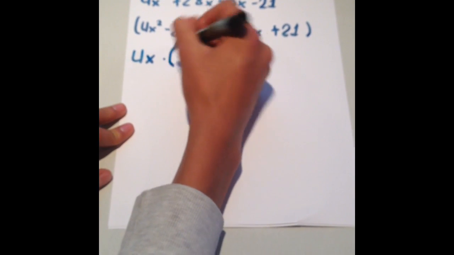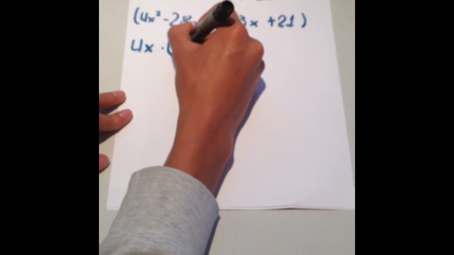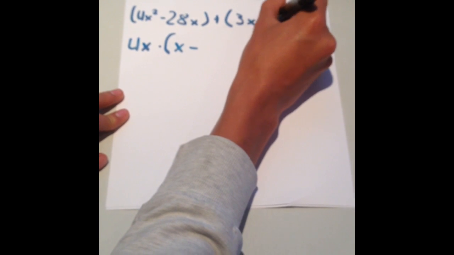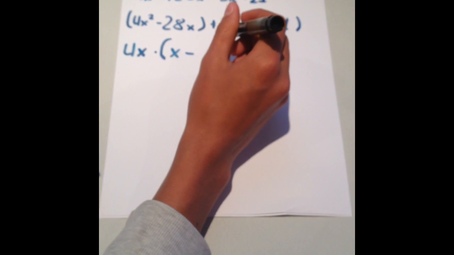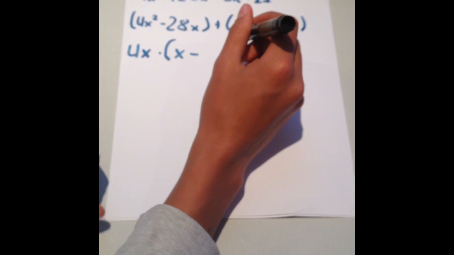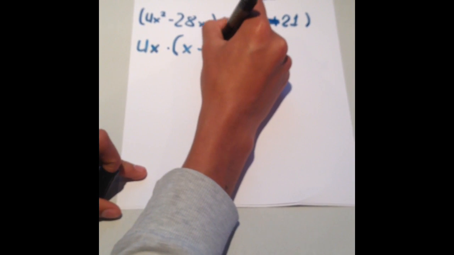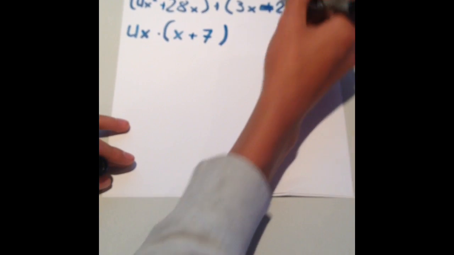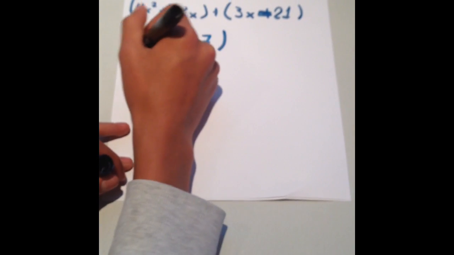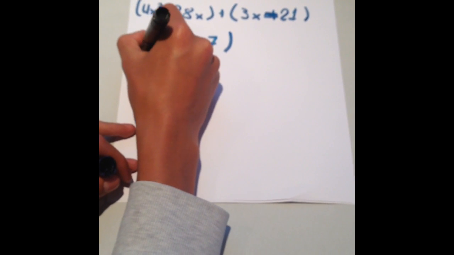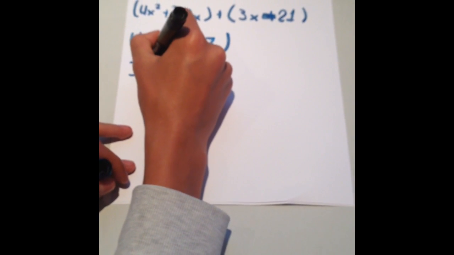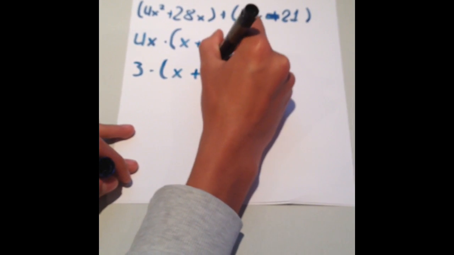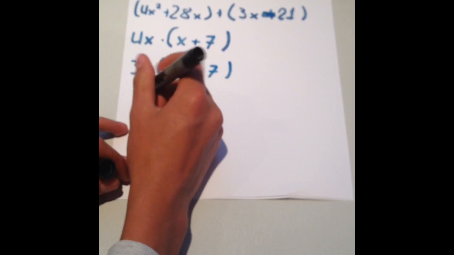So it will be 4x times, and then you divide, x plus 7, plus 3 times x plus 7. As you can see in here, the two leftovers of the parentheses are the same.